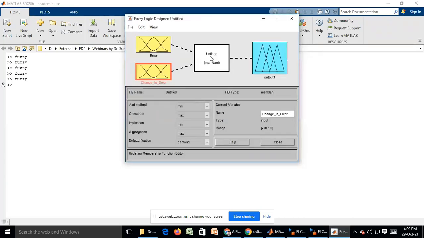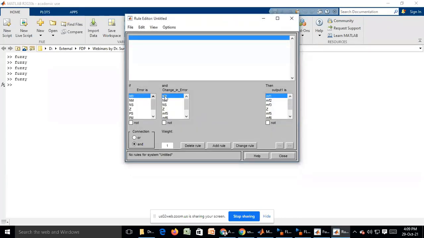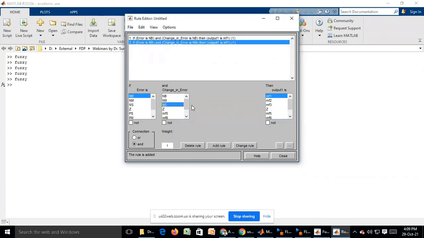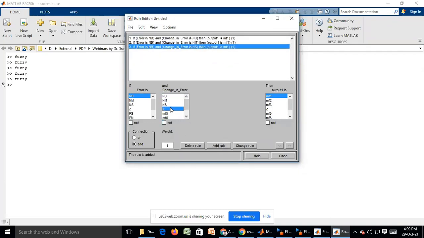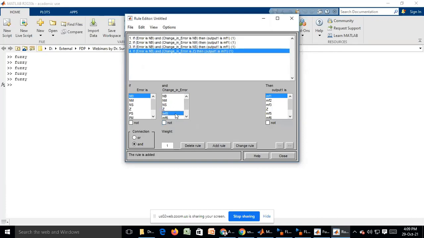So I can understand while designing the rules: error is negative big, change in error is negative big. What is the output? It is negative big. Add the rule. Negative big, negative medium. What is the output? Negative big, negative small. Add the rule. 0, positive small. Like that.